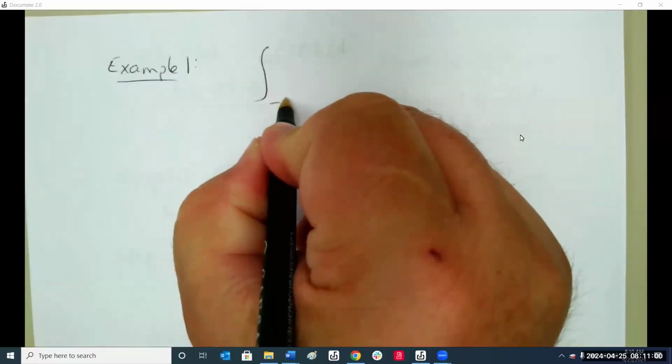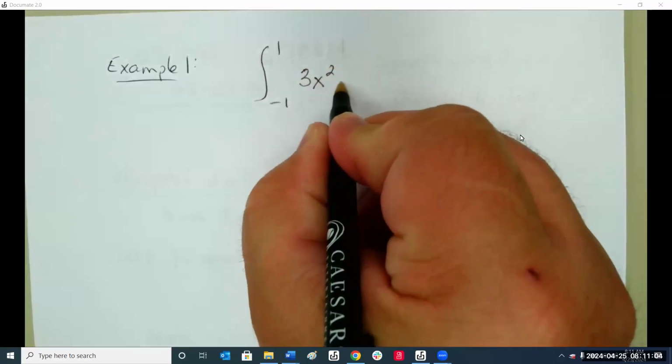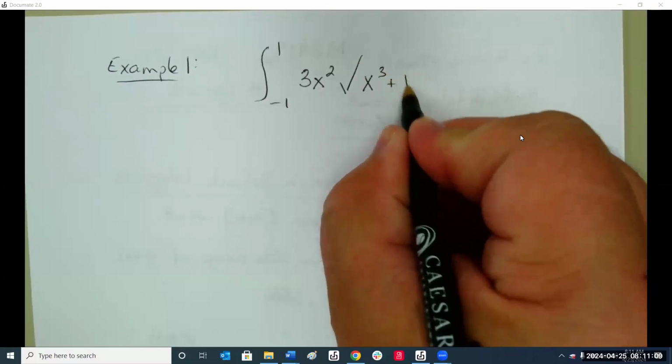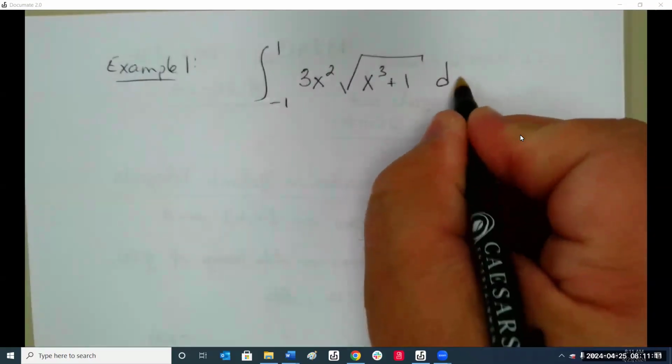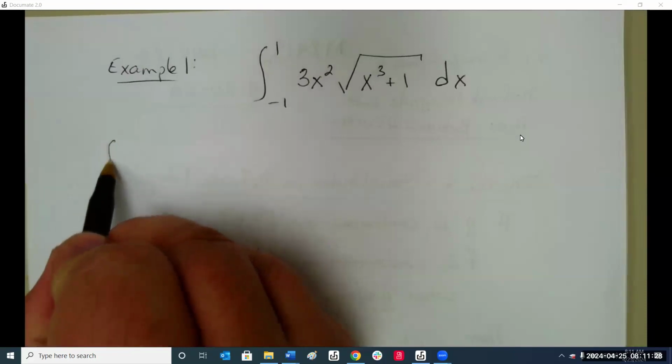Example 1. Evaluate this function. Remember what we just talked about.